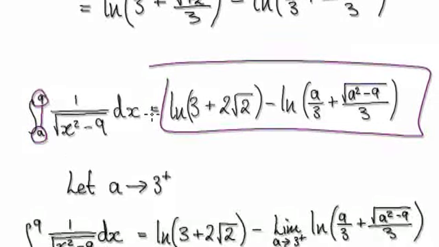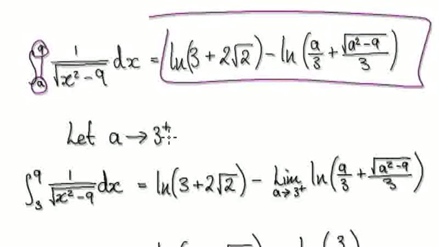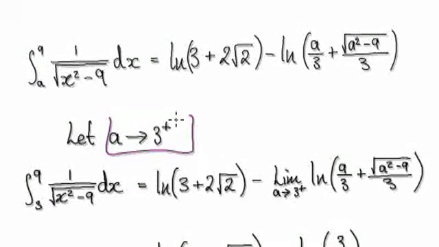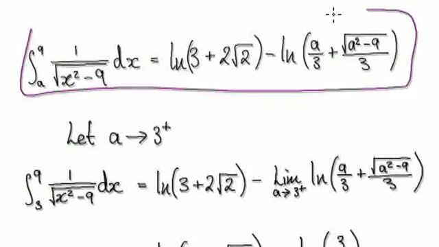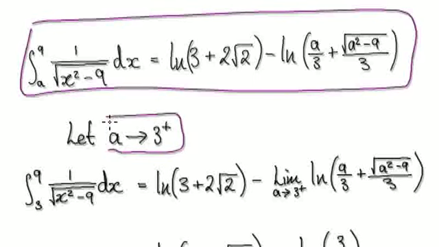Now allow A to head towards 3 from the positive direction. The minute you do that, you can say you're integrating from 3 to 9. Currently we're here. Now let A approach 3 from the right hand side.